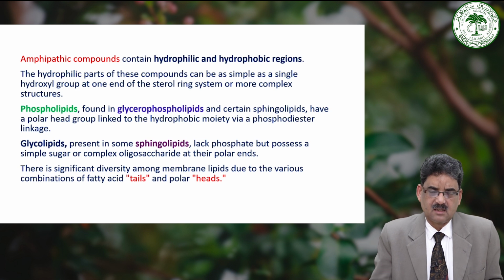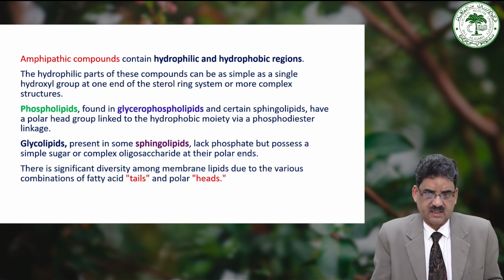In contrast, other sphingolipids lack phosphate but feature a simple sugar or complex oligosaccharides at their polar ends, categorizing them as glycolipids. Within these categories of membrane lipids, there is considerable diversity arising from the various combinations of fatty acid tails and polar heads.